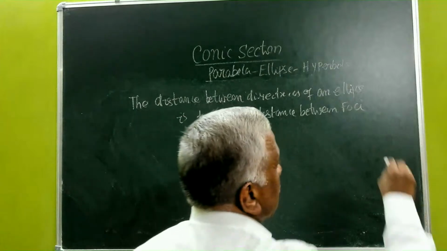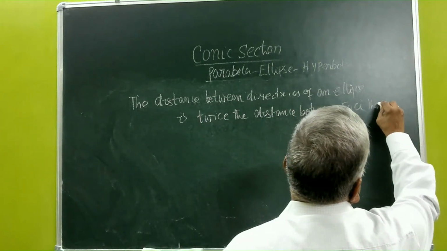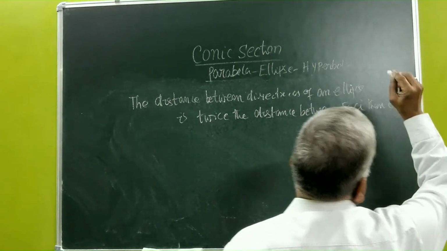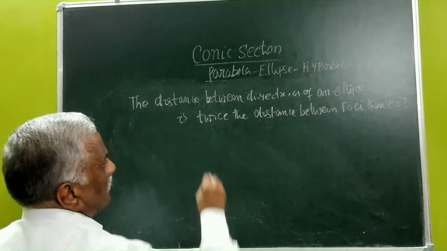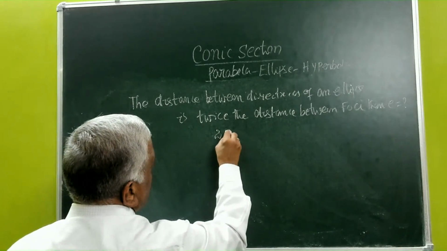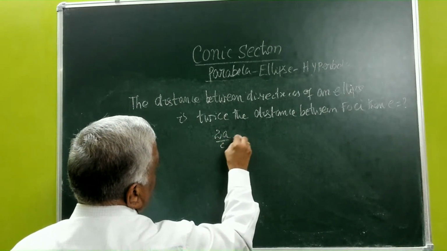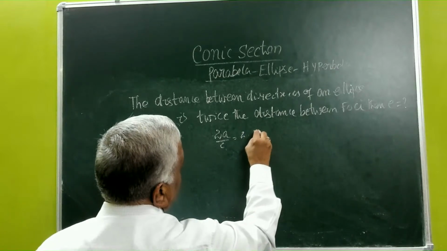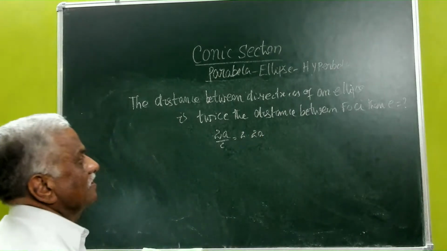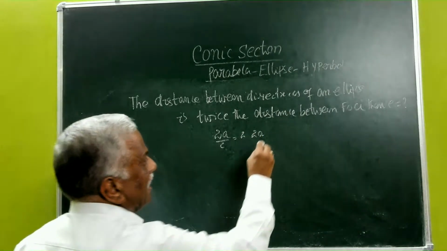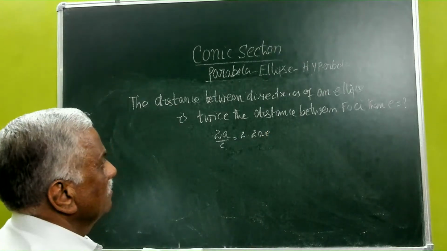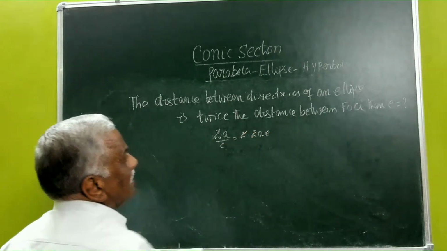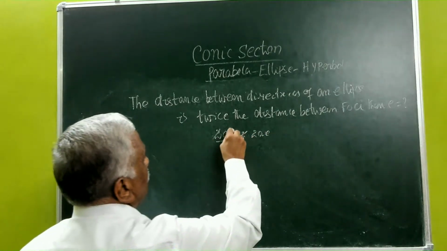Then e equals what? What is given? The distance between directrices, 2a by e, is 2 times 2ae. So 2 and 2 you can cancel, a also gets cancelled.